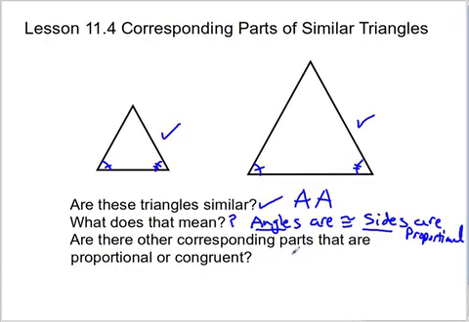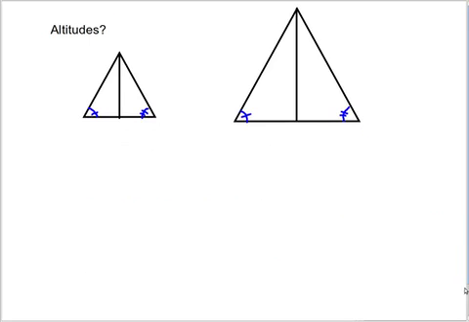And so the big question that we're trying to answer in today's lesson is, are there other parts that are either proportional or congruent? And I guess I wouldn't be making the lesson if there weren't other parts. So here we have the same two triangles. Remember, they are similar because of AA. And here we have an altitude, and here we have an altitude. Let's pretend for a moment that we calculated the ratio, and this is 6 and this is 12.